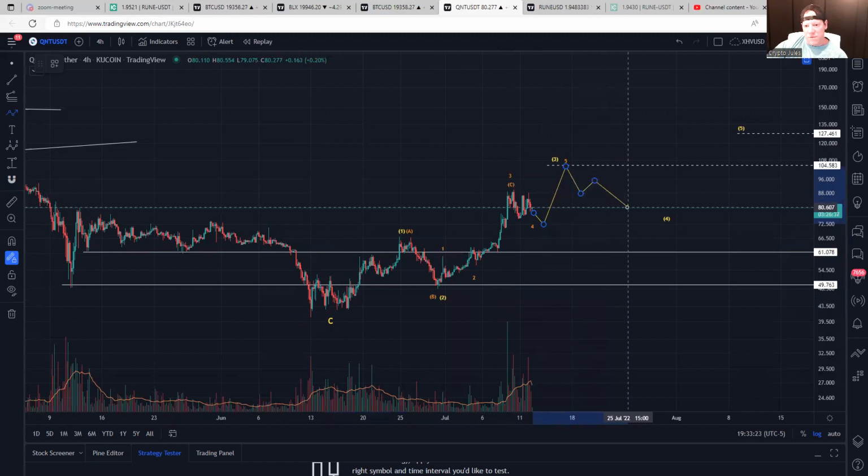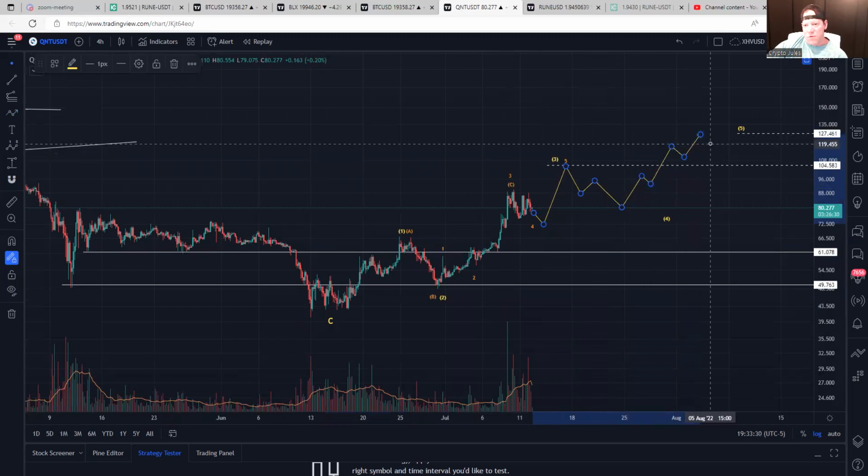And then we would have some sort of a correction here for a 4. And then we would have one more impulsive structure up.